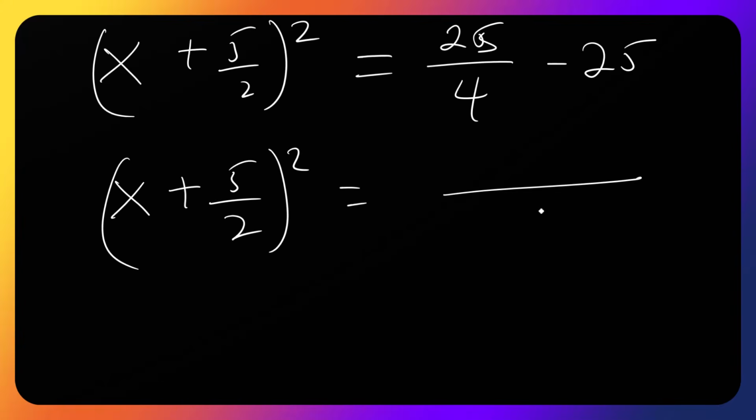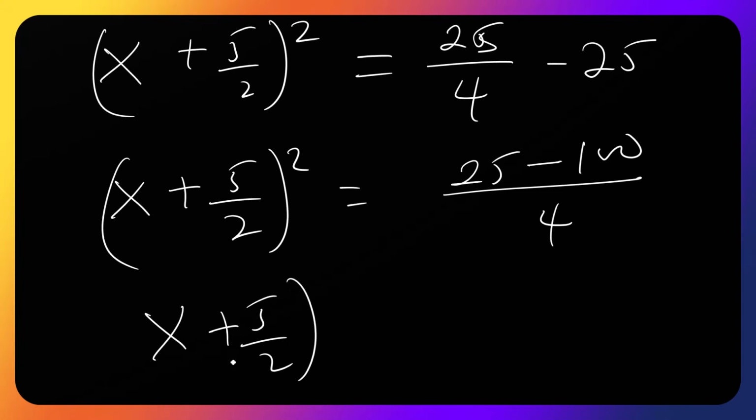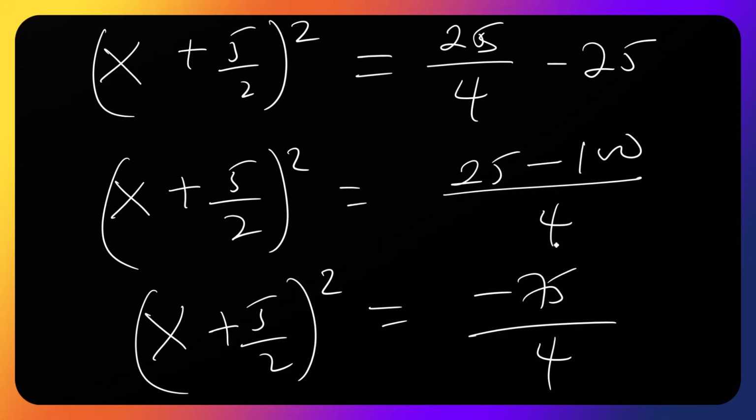So the LCM here will be 4. So we have 25 minus 100. So from here, x plus 5 on 2 all squared equals minus 75 again on 4. So when we take the square root on both sides, x plus 5 on 2 equals plus or minus the square root of 75 on 4 times i. Remember, we've already explained this one because of the negative one.